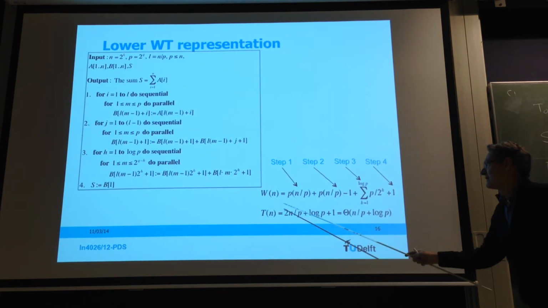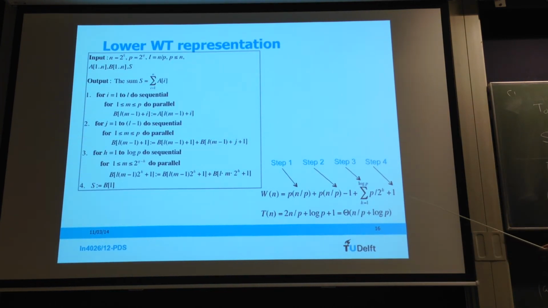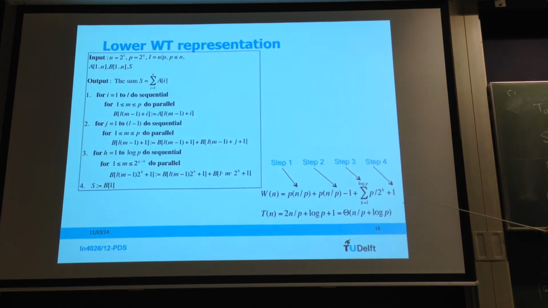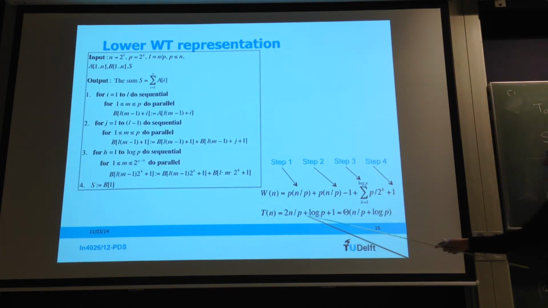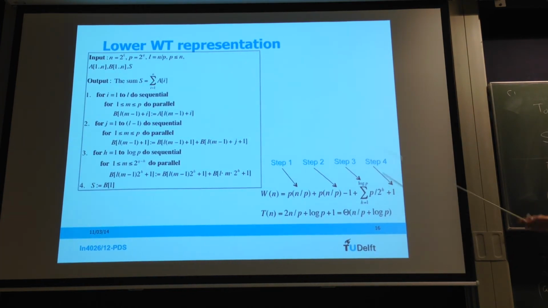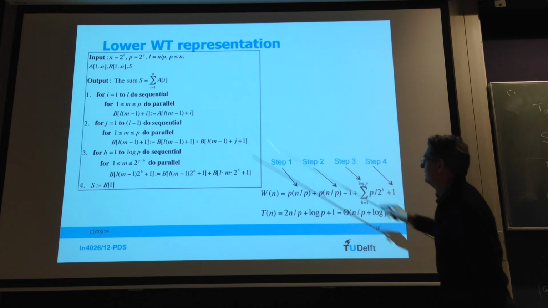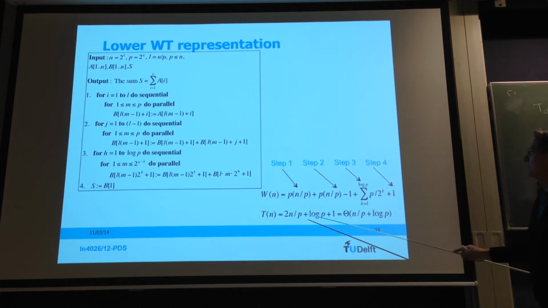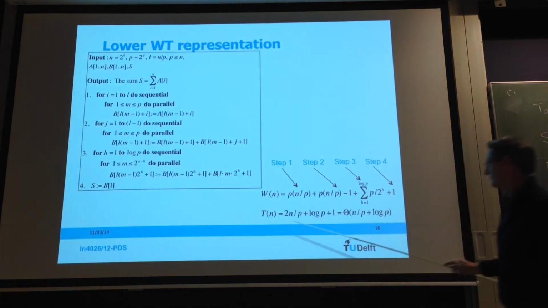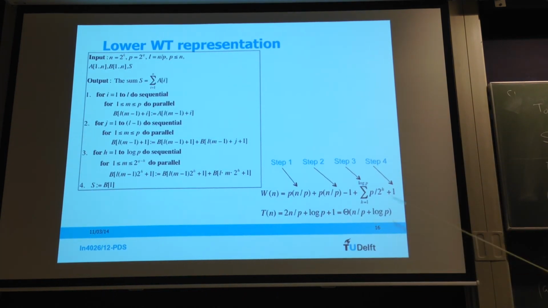And so the parallel execution time, the workload is expressed like this, and the parallel execution time is expressed like this, right? Because this is done again in n over p steps plus log p plus 1. This is the final step here, and we see that it is n over p plus log p, which is the same complexity we have derived by the graphical example.